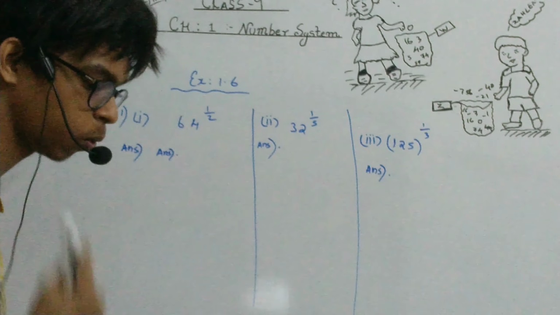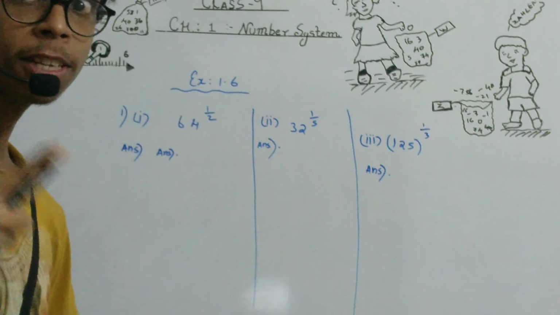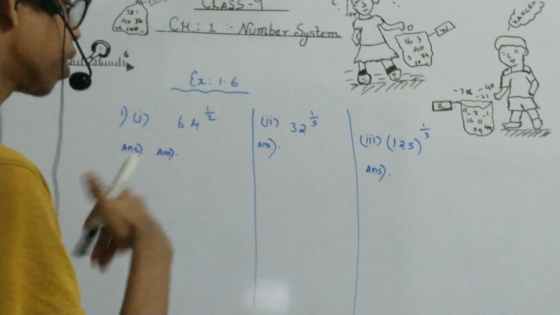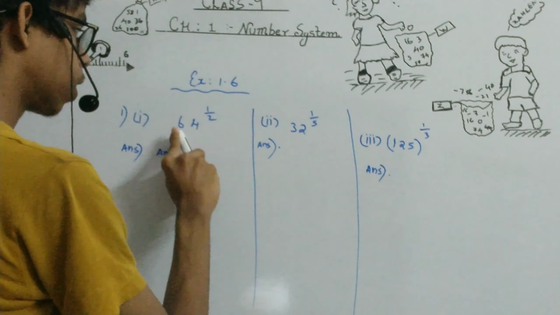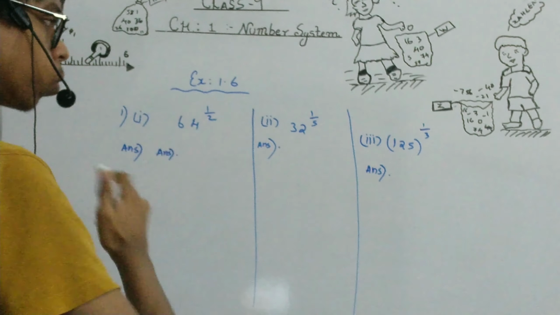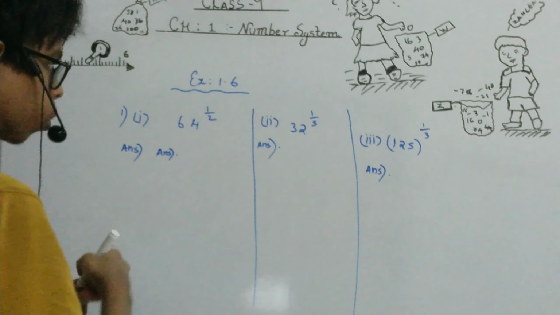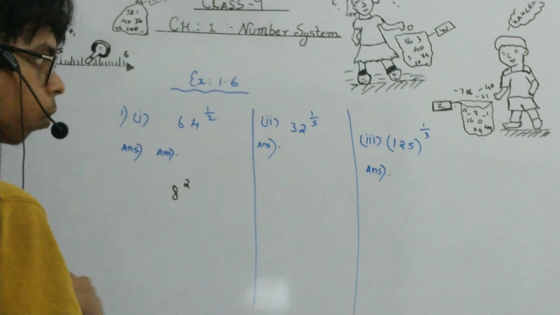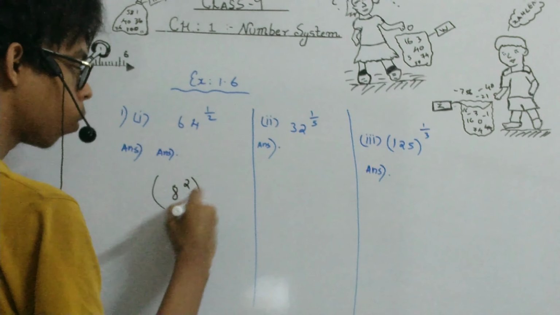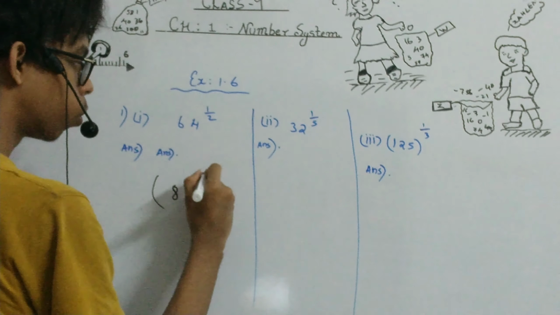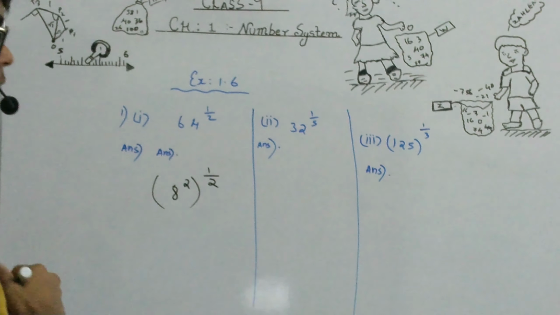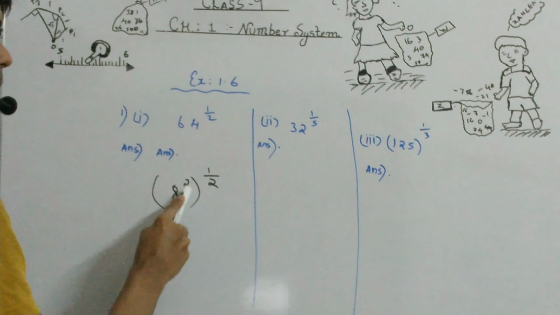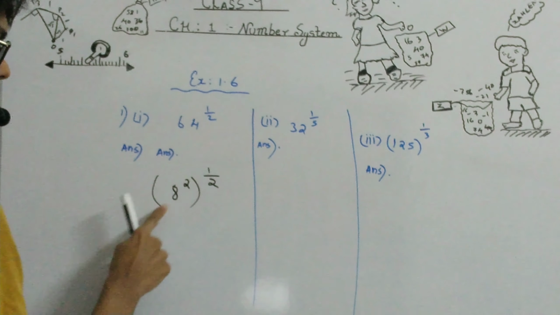So if you see 64, we know 8 square is 64. We have to think before we are solving: can we raise this given number to the power of something? So we can write 64 as 8 square, the whole raised to 1 by 2.